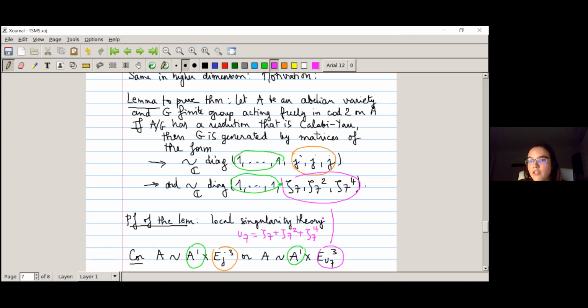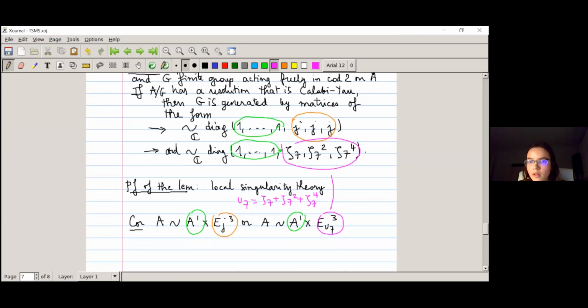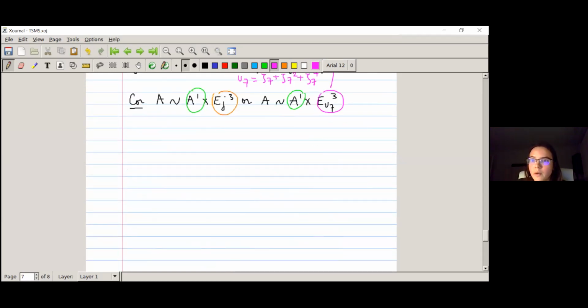So here you see the relationship between the two. So the point is what? The point is to say that, so the point is the following.